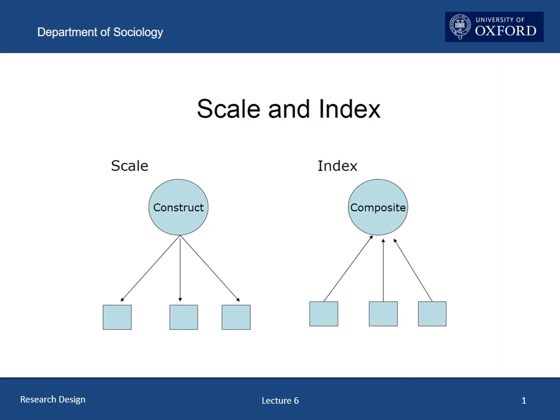The implicit model is that the unobserved trait, here represented in the left-hand panel by a blue circle, is the cause of the observed indicators, represented by the blue boxes. Responses to the indicators will be observed to be positively correlated with each other.